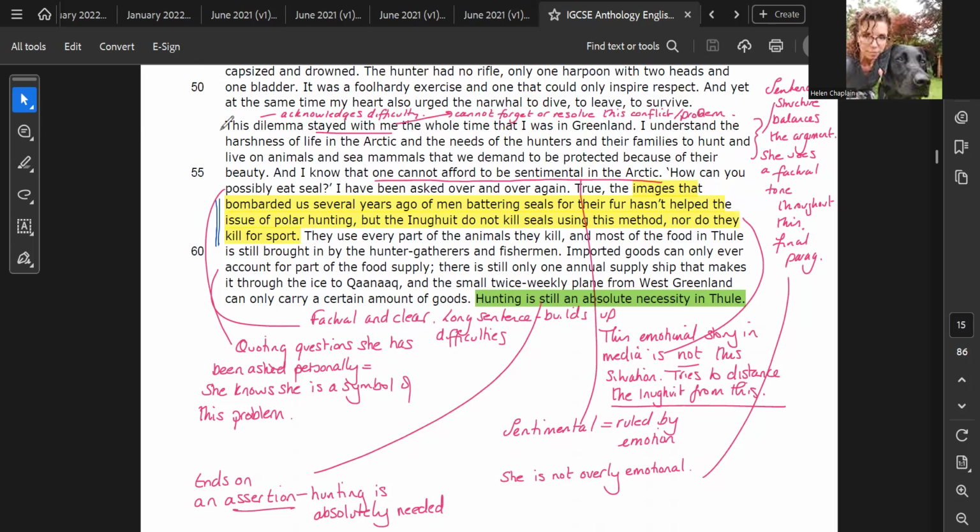And she's trying to explain that there is the harshness of the life and the need to balance the hunters with the protection of the animals. That idea of sentimentality, meaning being ruled by emotion. You can't say, well, you can't kill any of the animals because how would people eat?